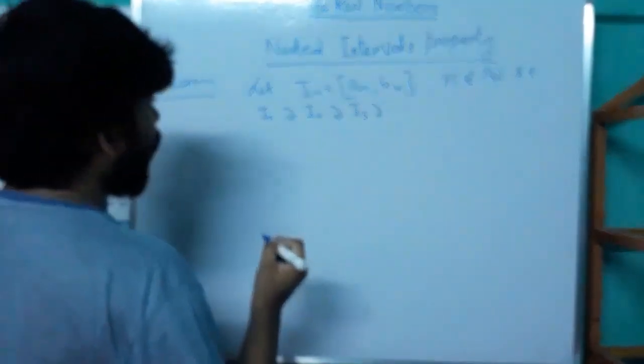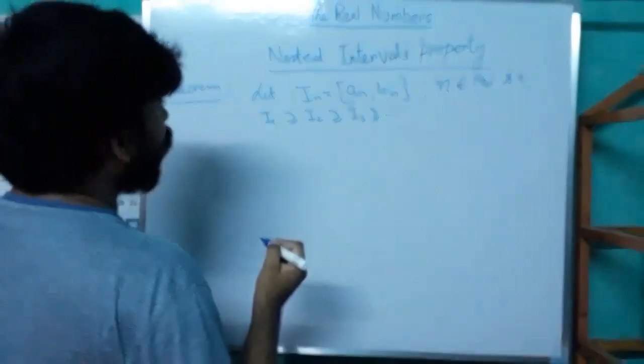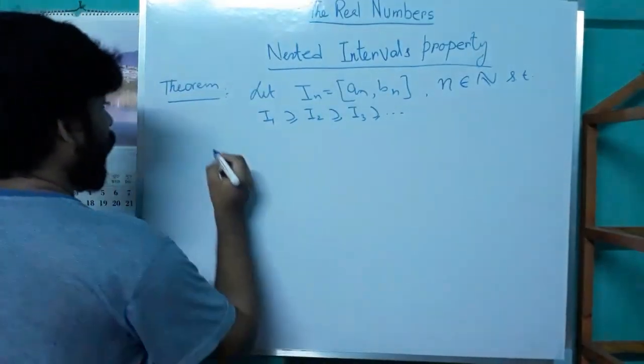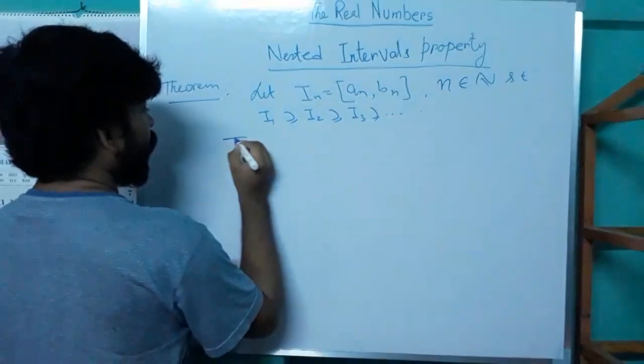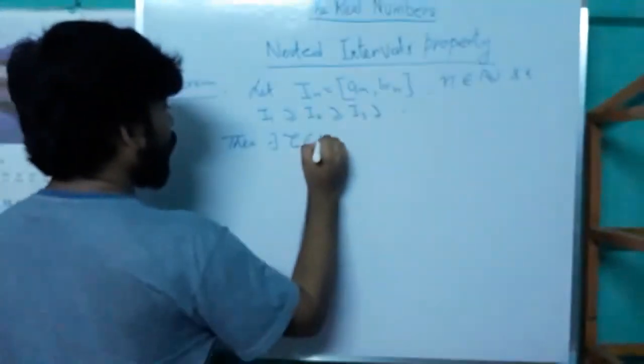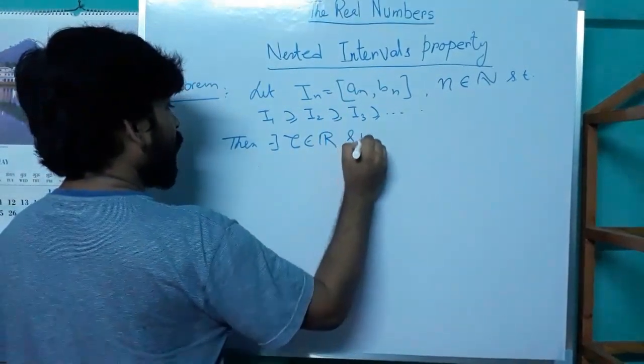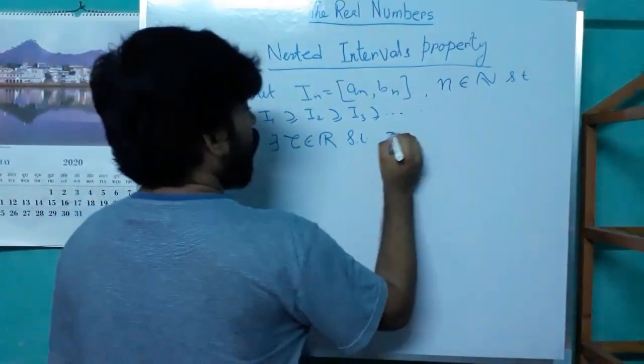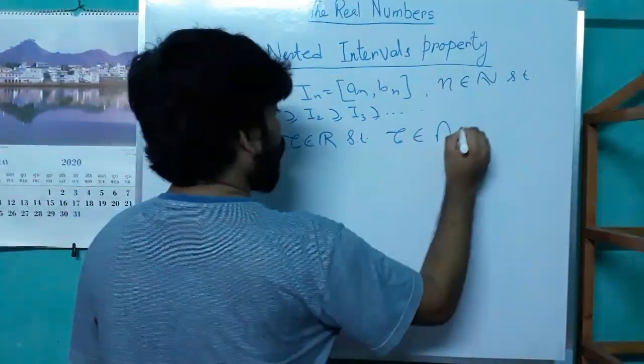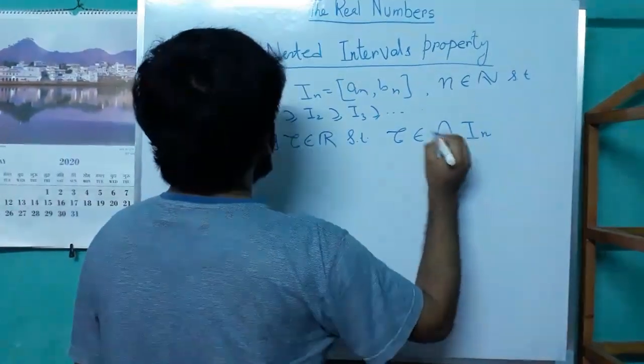That is, In is the collection of closed bounded nested intervals. Okay, then there exists a real number zeta such that zeta belongs to the intersection of all the intervals.